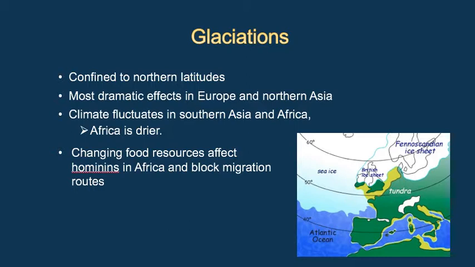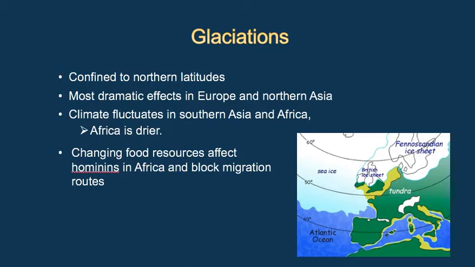So that's where the actual glacial ice sheet was, but much more of Europe was basically uninhabitable because of very cold tundra-like conditions. So what happens in the northern latitudes in Europe and northern Asia is basically that we have these really rapid, dramatic cold trends. We don't just have a lot of climate change happening in these northern latitudes, things change in other parts of the world as well.